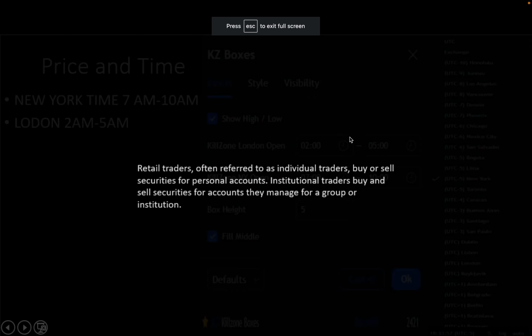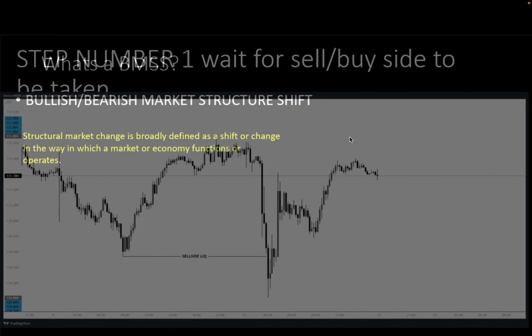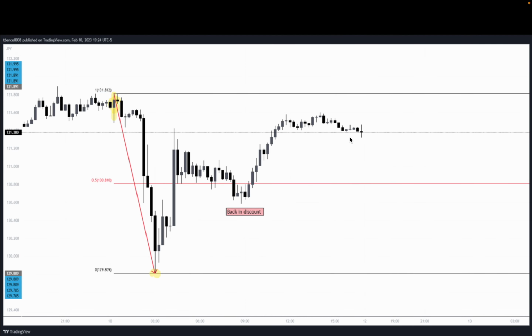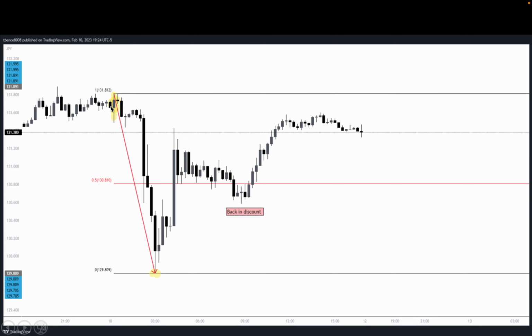It's okay. All right. So now that we have identified our sell side liquidity, okay, sell side liquidity gets taken away. Now we're looking to draw our Fibonacci. We're going to get the highest point of the chart, which is the wick that is drawn out yellow, to the bottom of the current market price at the time.